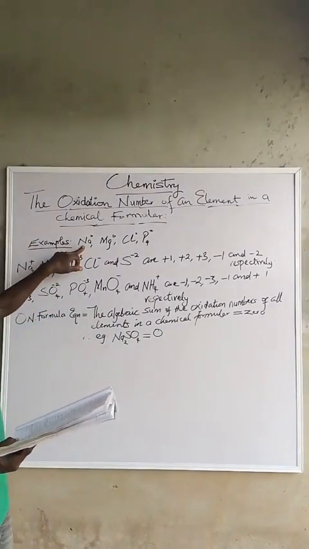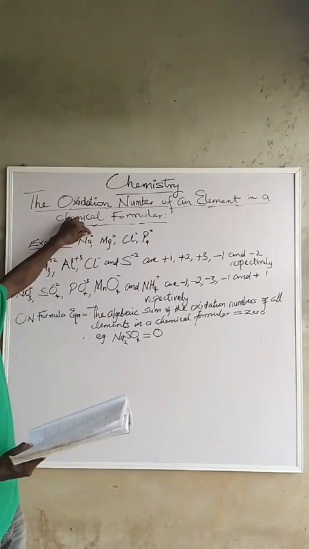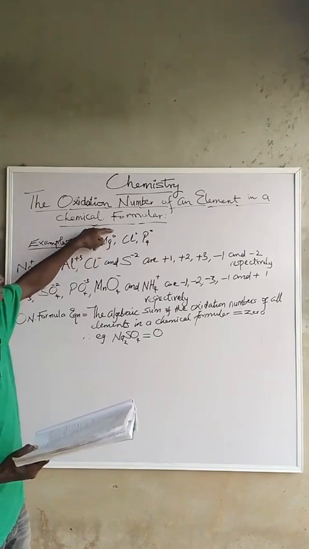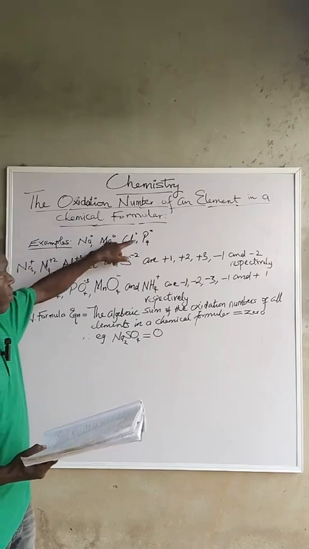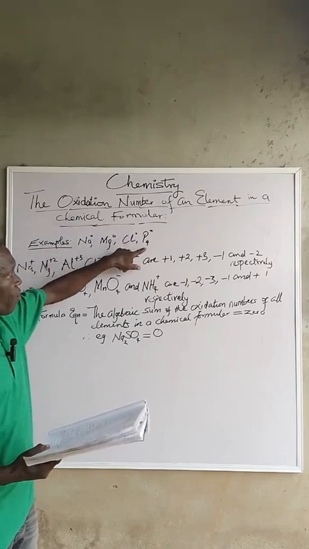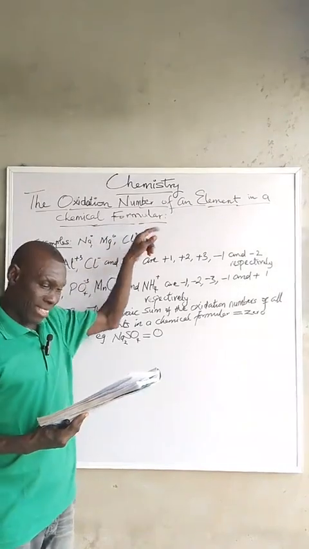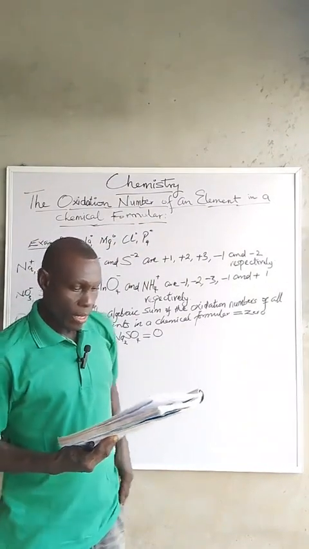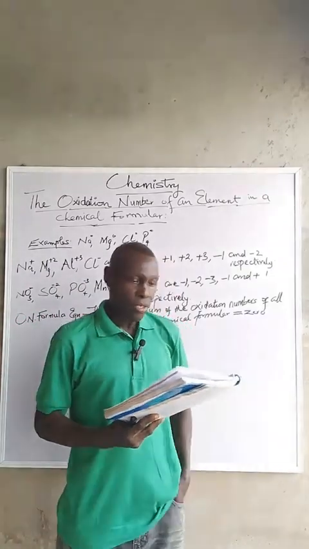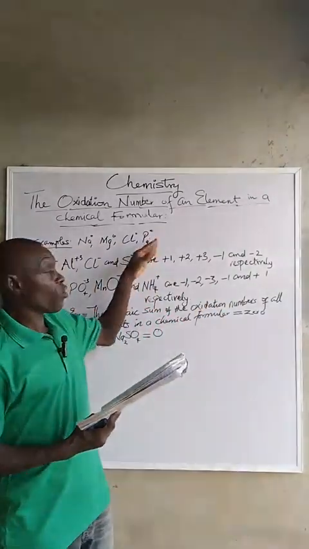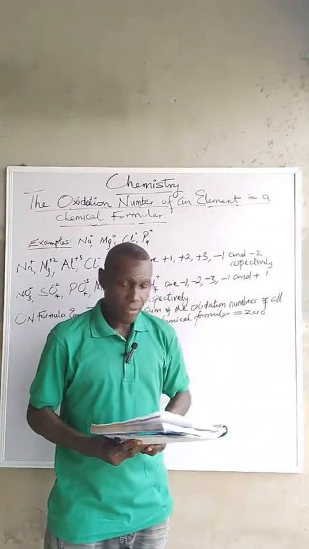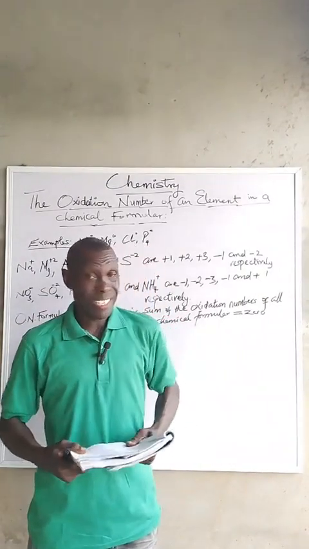We have sodium, you are seeing 0 here. Magnesium, you are seeing the 0 here. Chlorine, you are seeing the 0 here. Phosphorus, you are seeing the 0 on top as a superscript. Now, these zeros normally are omitted. If you see them in textbooks, you don't see the 0 there, but that's how it's supposed to be.